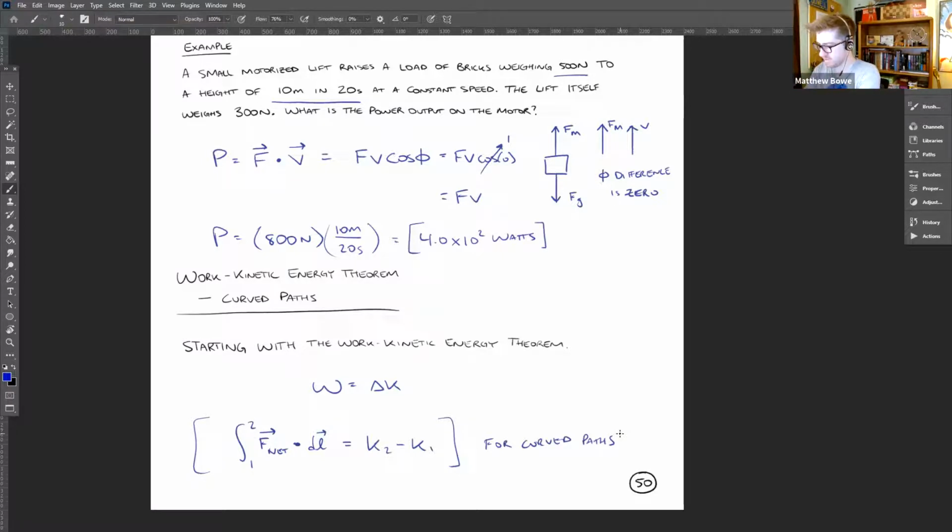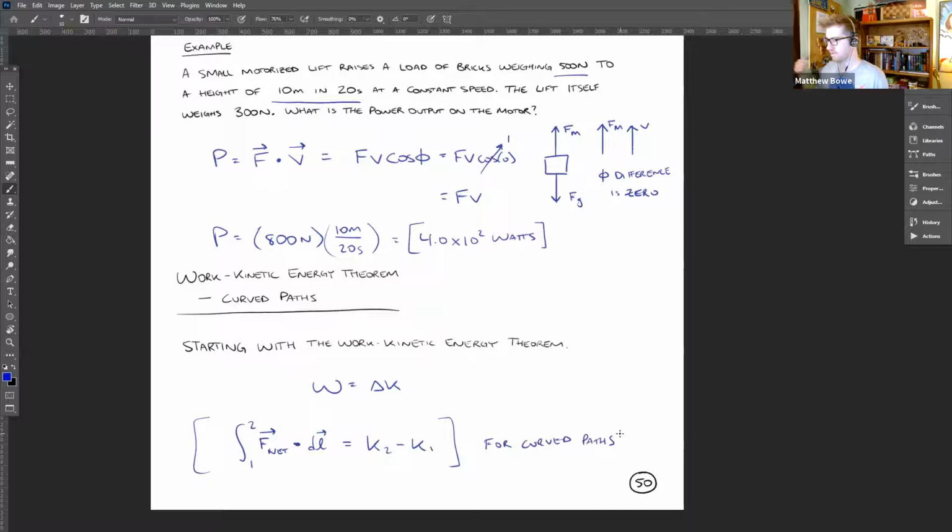Chapter 7 moves into conservation of energy. We've talked about work in this previous chapter. Work is a force over a distance. That is some energy. How does that energy move from one object to another?